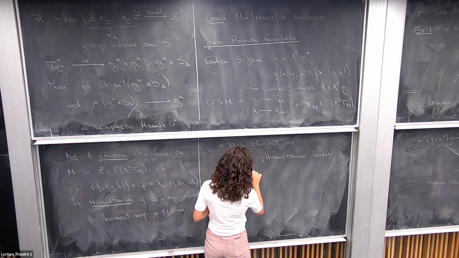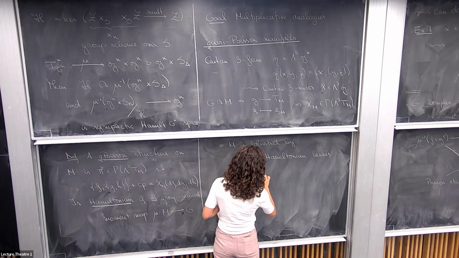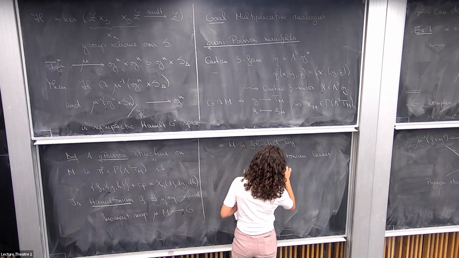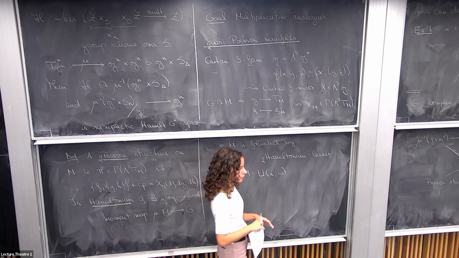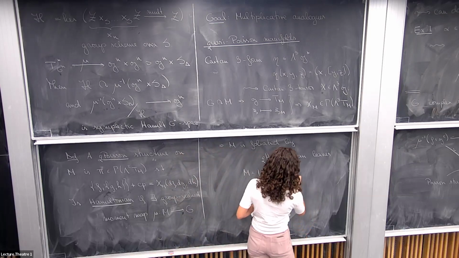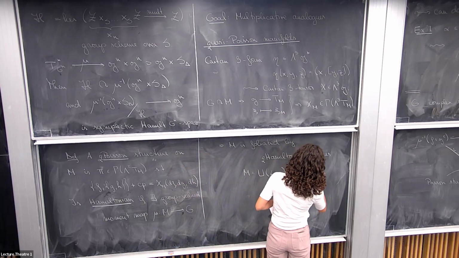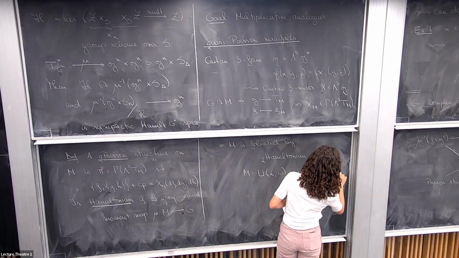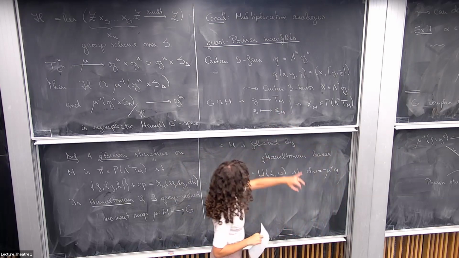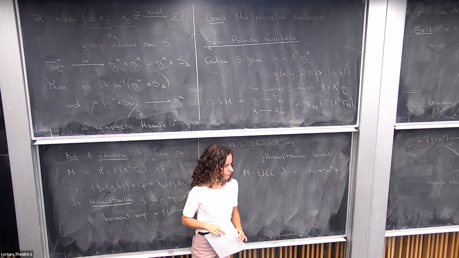In other words, M is going to be a disjoint union of leaves of the form L with omega, but now omega is a potentially degenerate, non-closed two form. And its differential is minus the pullback of the three form eta through the moment map mu.